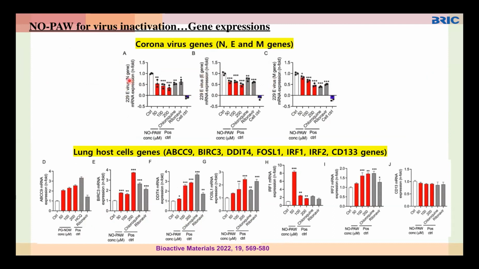We found these three genes of viruses in infected host cells are reduced after this treatment by nitric oxide plasma activated water. You can see the concentration dependent decrease in these virus genes in the human host cells. In all three cases, it is reduced.